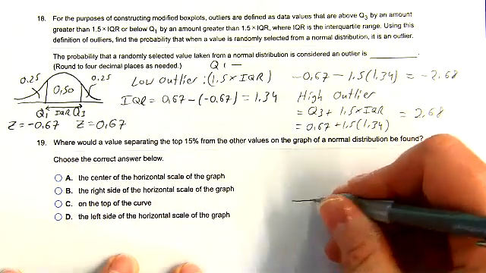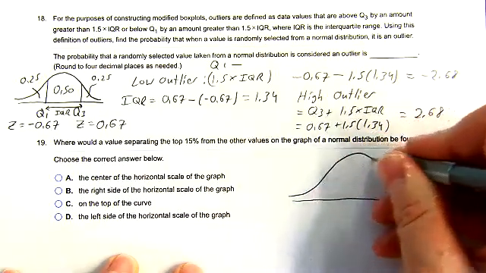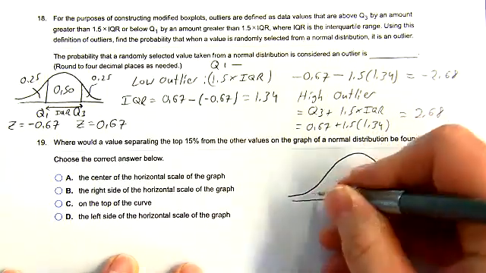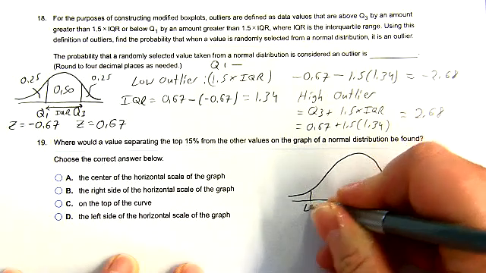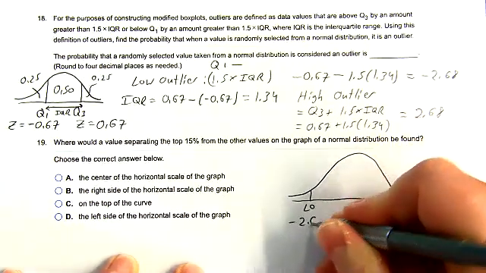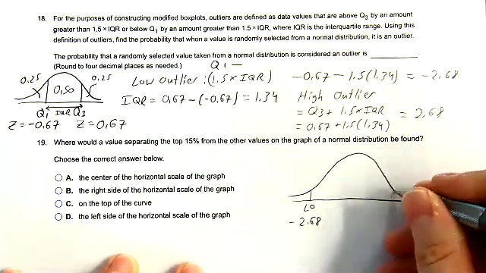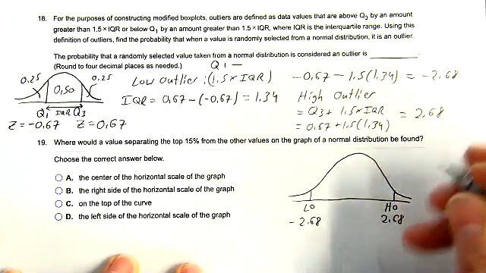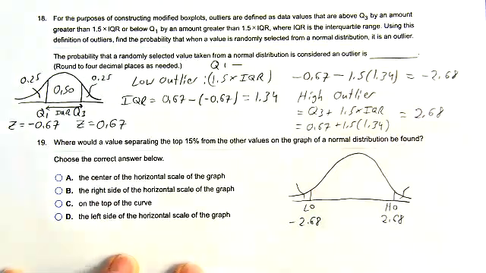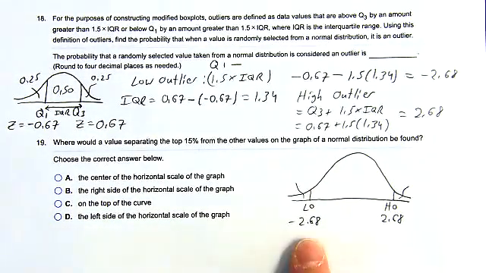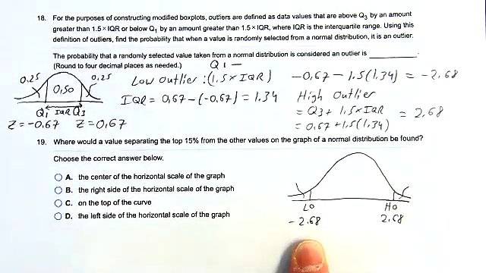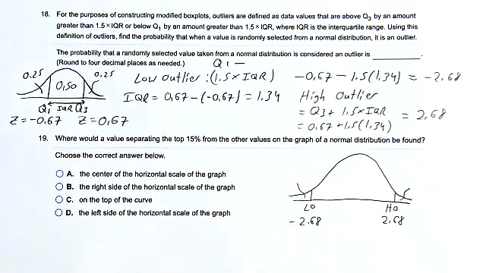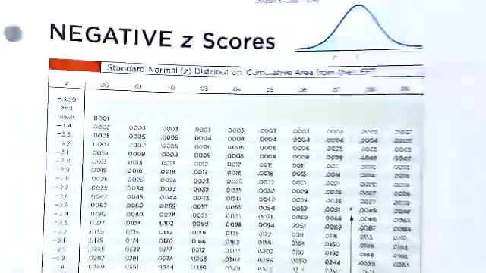So now we're looking at the normal curve where a low outlier is over here, that's minus 2.68. A high outlier is over here, that's positive 2.68. And we want these two areas. So we'll look up negative 2.68 and get its area.